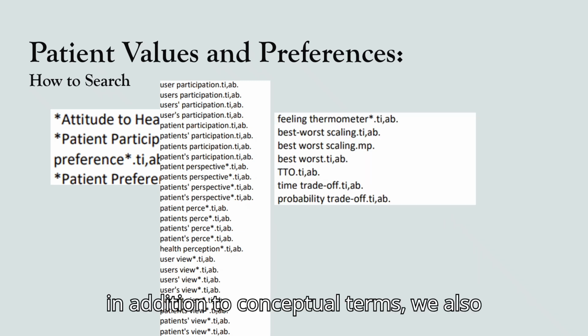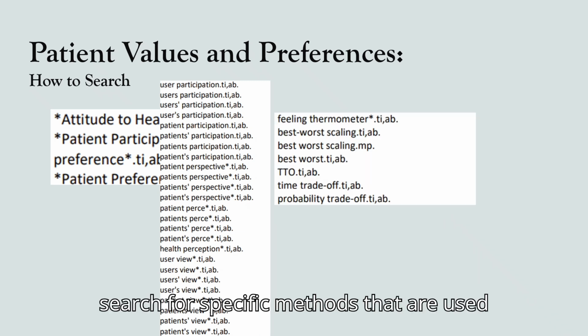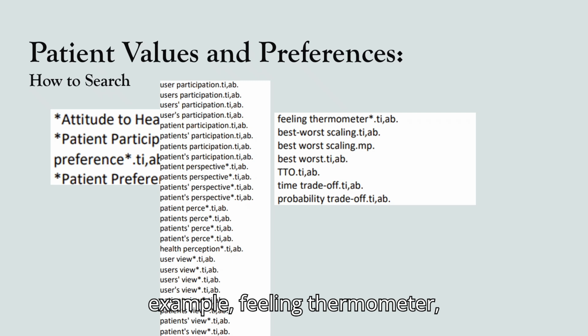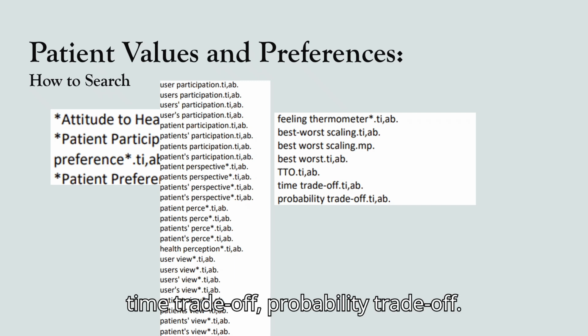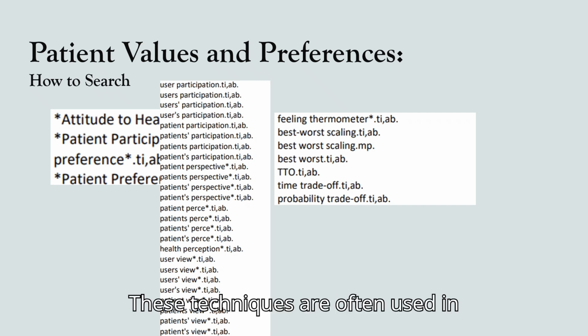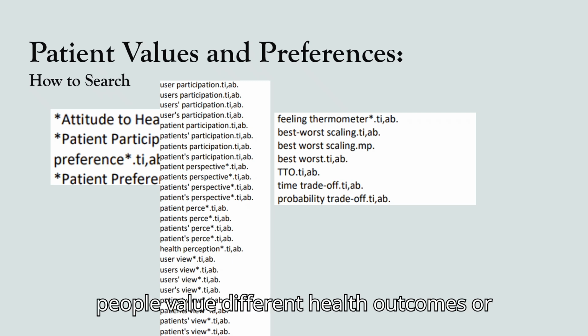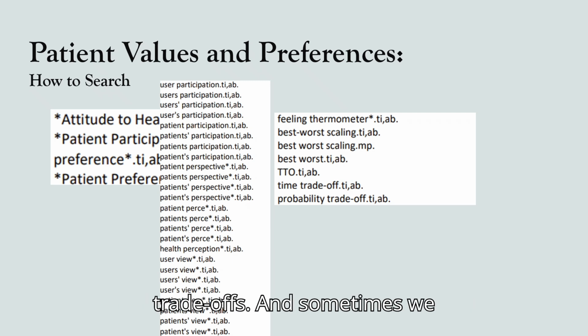And in addition to conceptual terms, we also search for specific methods that are used to measure values and preferences, for example feeling thermometer, best-worst scaling, or time trade-off, probability trade-off. These techniques are often used in quantitative studies to measure how people value different health outcomes or trade-offs.